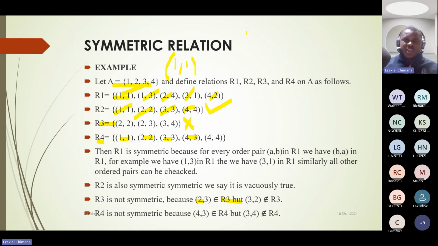So if you have an arrow going in one direction, we must also have something going backward. If you do not have this, then the relation you're talking about is not a symmetric relation.